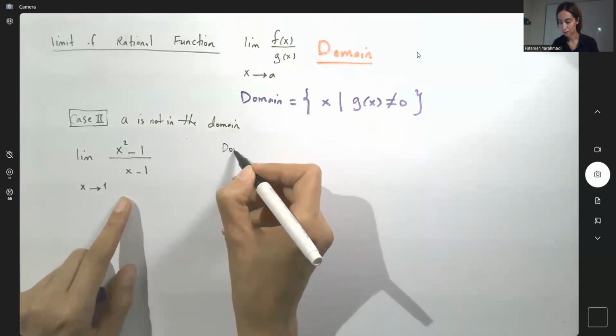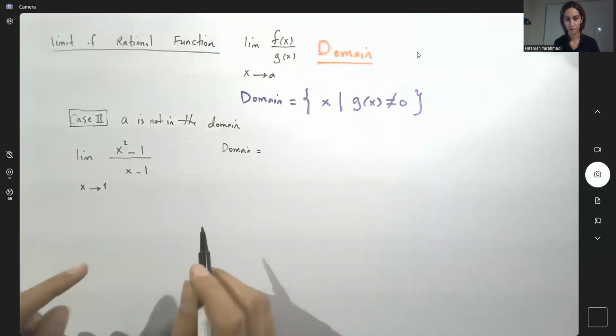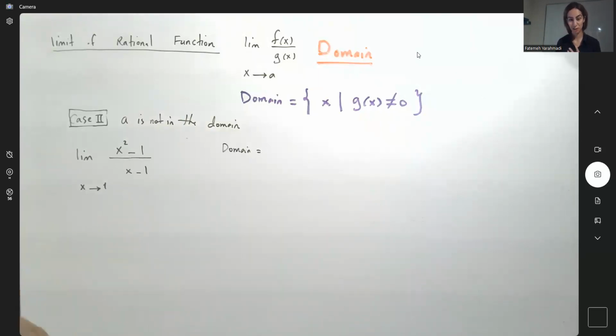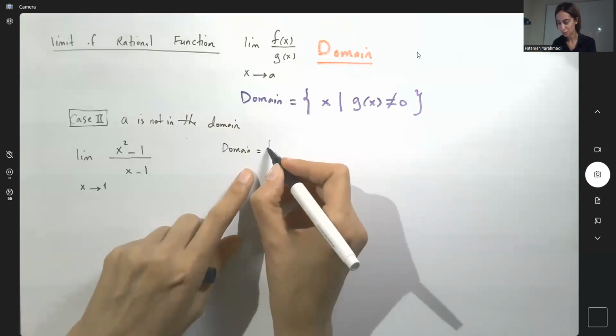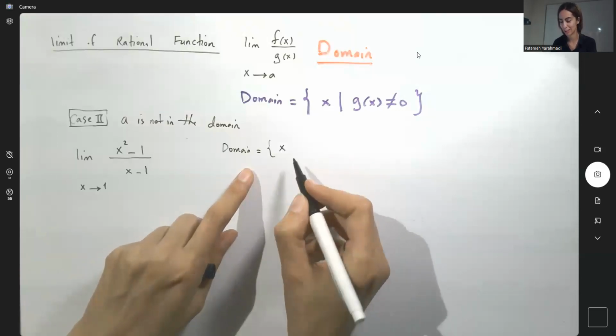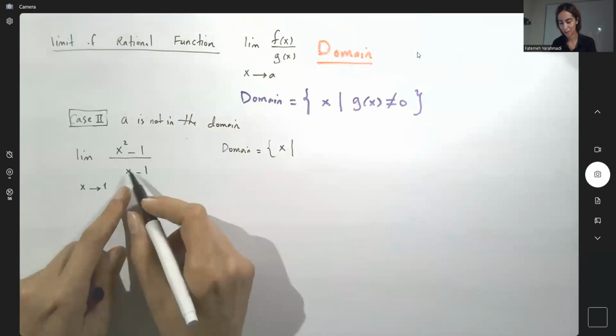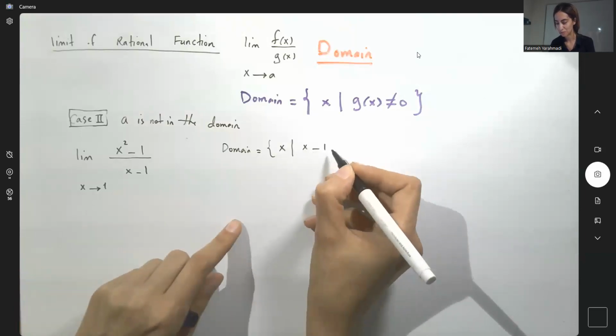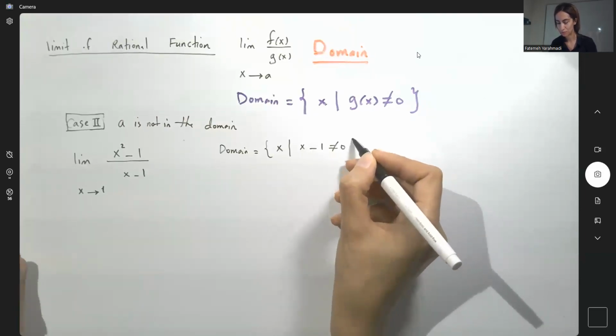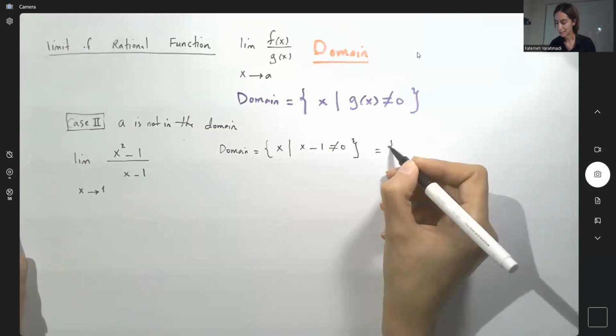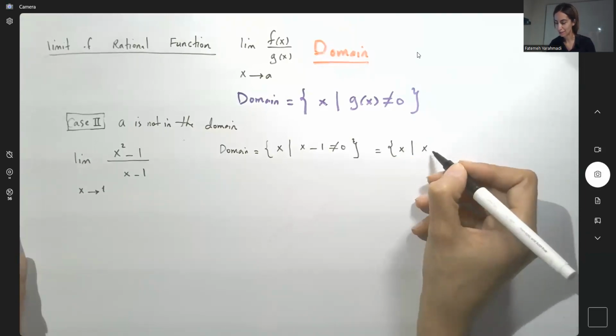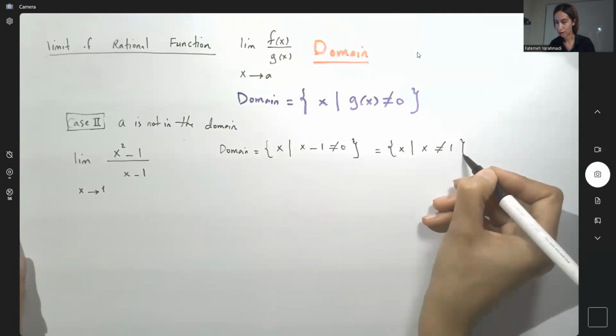The domain of this function, guys, we don't simplify this. First, we need to find the domain, then we check to see what technique we can apply here. The domain is all real values x such that the denominator is not 0, or all x values such that x is not 1.